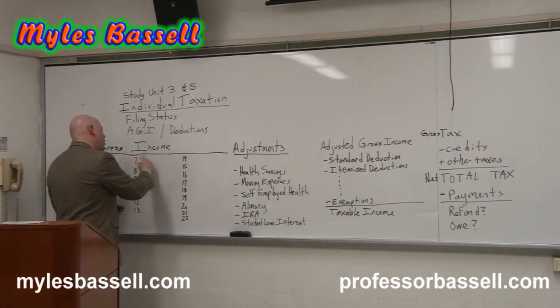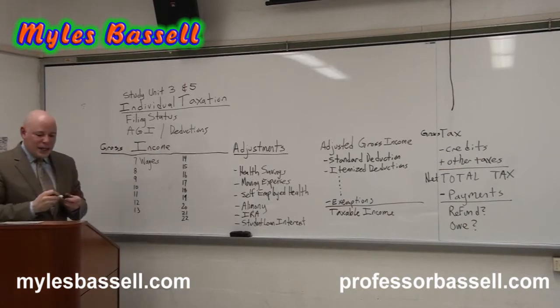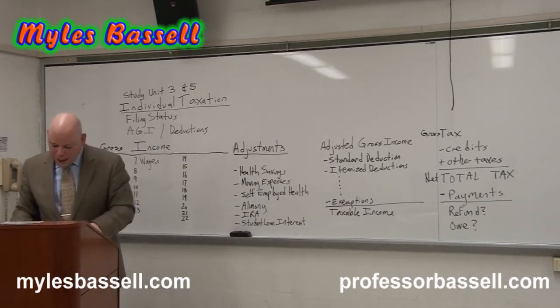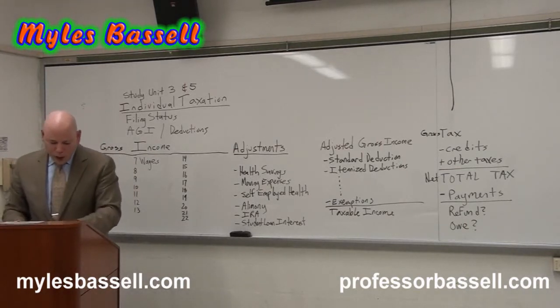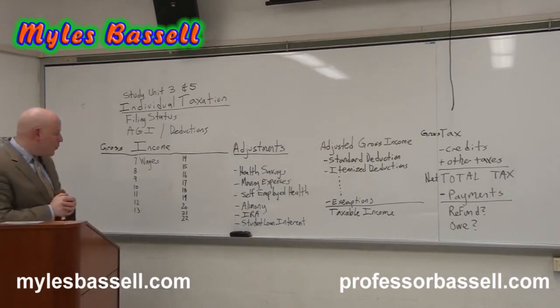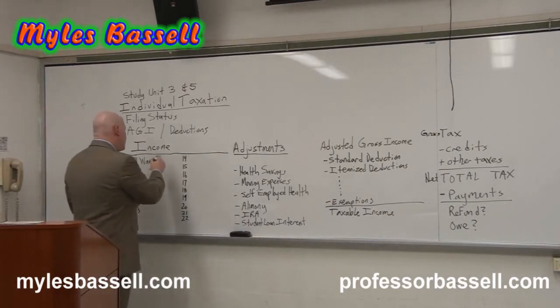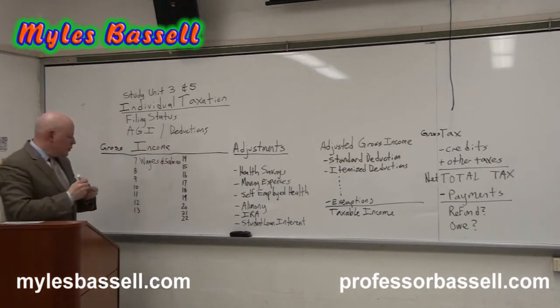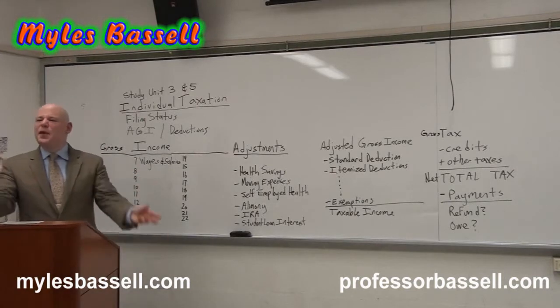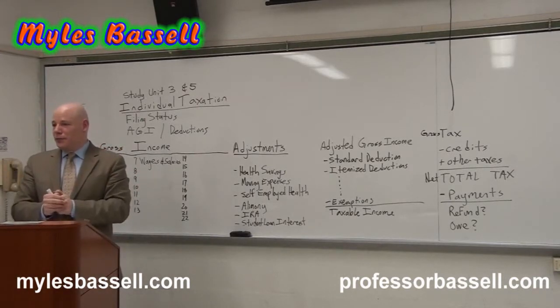so when we talk about income, it's very important for us to understand what income is. So on Form 1040, you go through lines 7 through 22, all of these things, the IRS makes a point to distinguish between these different types of income.